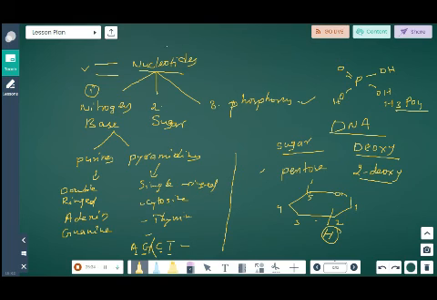So every chain in the DNA is made up of nucleotides. The number of nucleotides decides the length of the DNA. Every nucleotide is made up of three components: nitrogen base, sugar, and phosphate. Nitrogen bases are of two types, purines double ringed and pyrimidines single ringed.